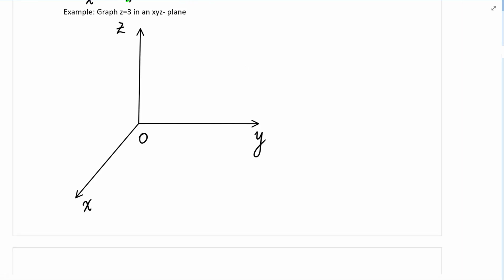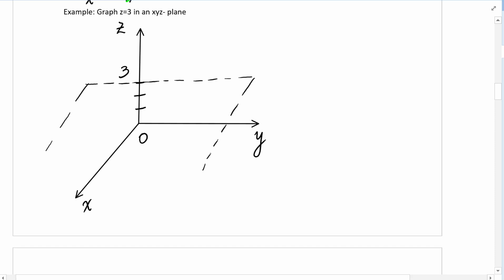And finally, graph z equals 3. So z equals 1, 2, 3. The plane that we have for z equals 3 would be, I'm trying to do a parallelogram here, so it would be this one.